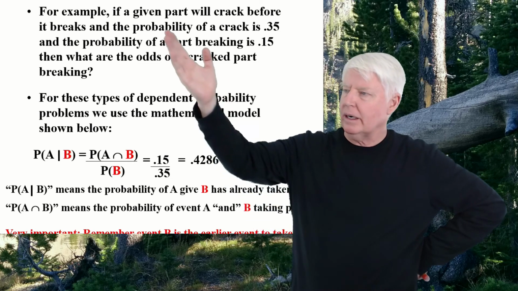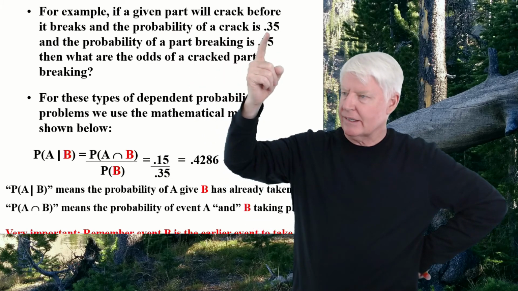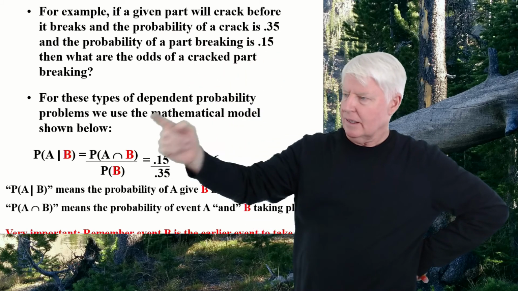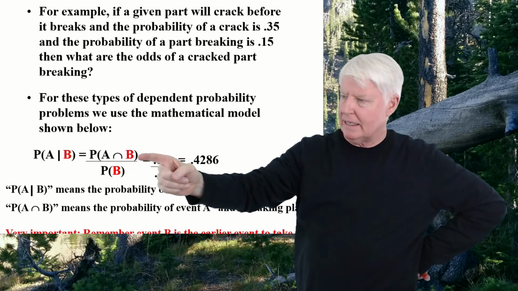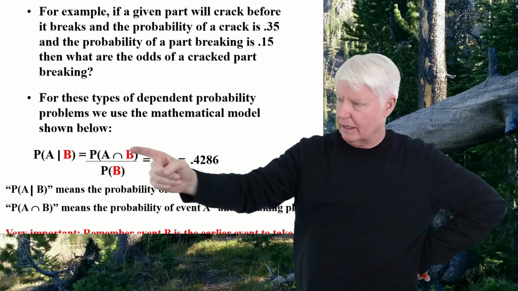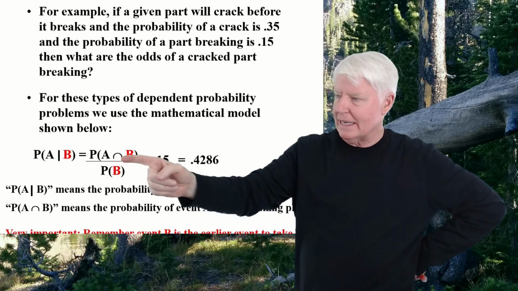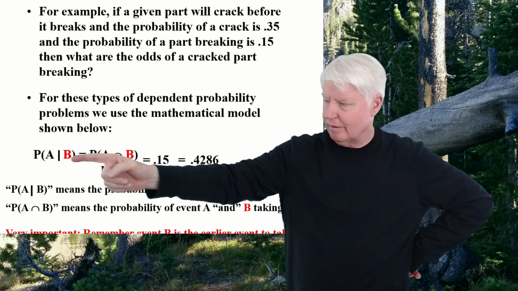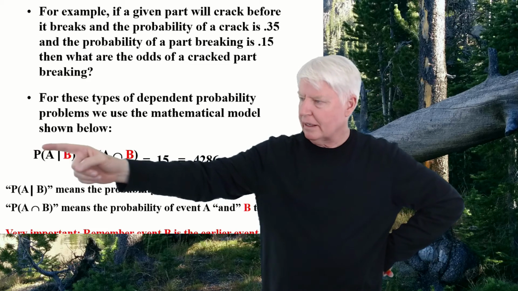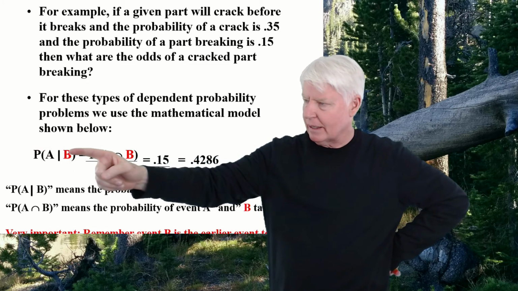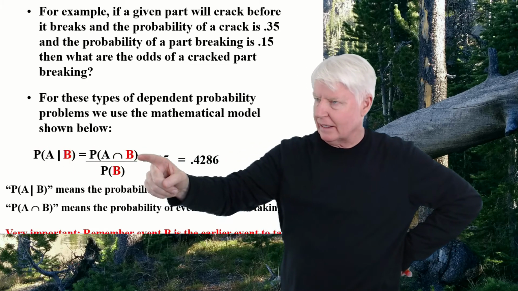Okay, for a part to break, first of all, it has to crack and then break. So probability of A and B taking place, the crack and the break. Why do I point B as the crack? Because B is the earlier event. Let me read it again. Probability of A given B has already taken place. B is the earlier event.